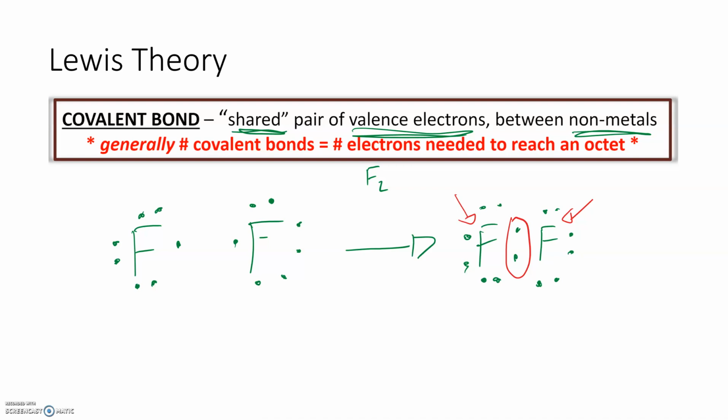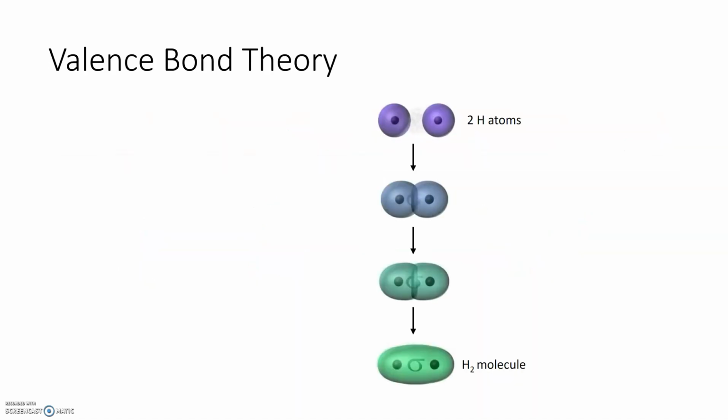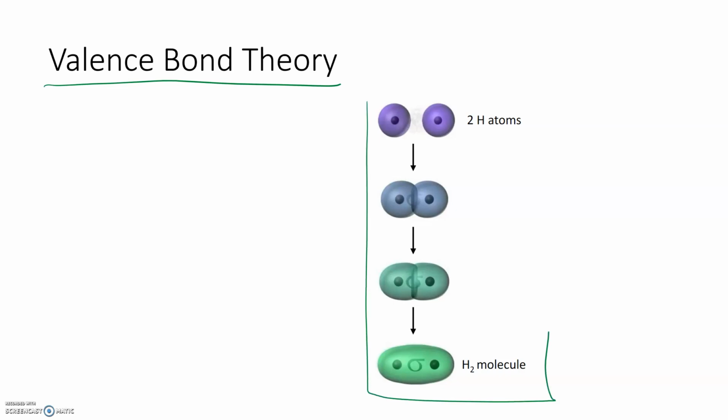However, now with our knowledge that electrons don't only act as particles, but they also act as waves, along with our knowledge about atomic orbitals, we represent bonds a little bit differently, and we represent it through the valence bond theory. So the crux of the valence bond theory is essentially represented in this diagram right here, where we have two hydrogen atoms, and each of them have their atomic orbitals.